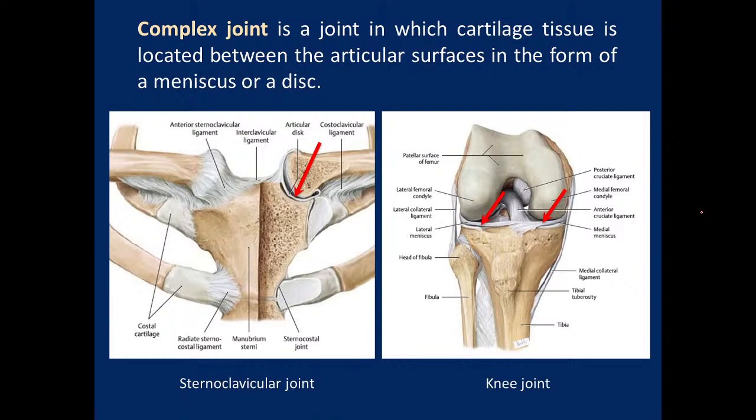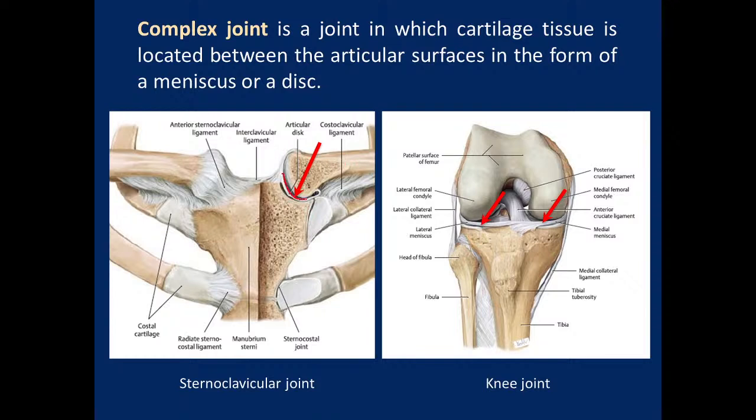And the last idea is complex joints. Those are joints in which cartilage tissue is located between the articular surfaces, like the sternoclavicular joints.